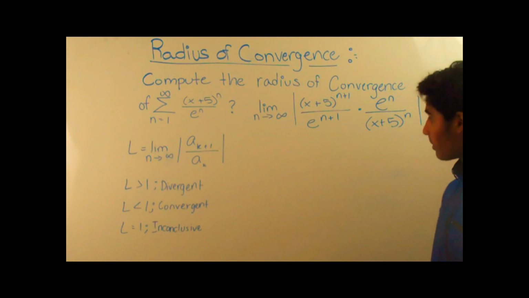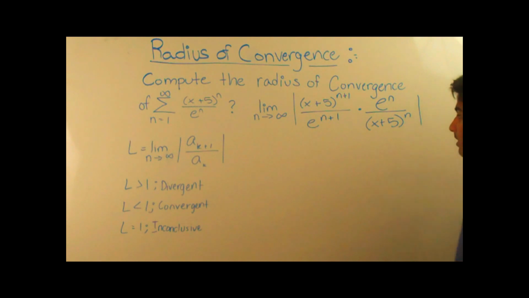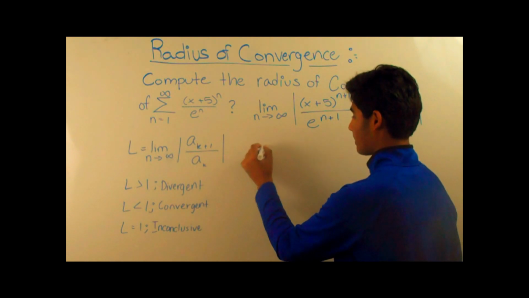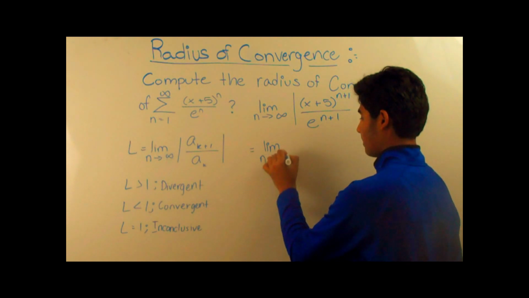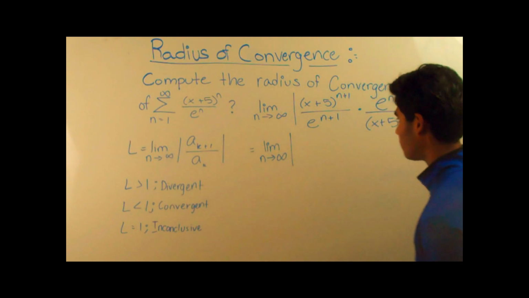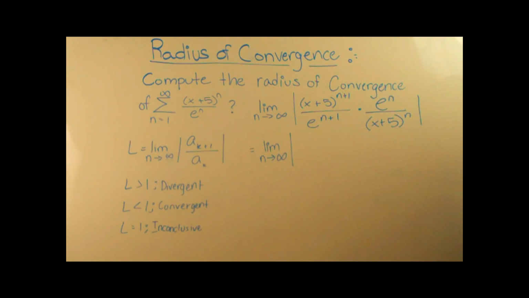So we can simplify whatever's in this limit. That becomes the limit as n approaches infinity of the absolute value of, using exponent rules, x plus 5 and x plus 5 are the same base.